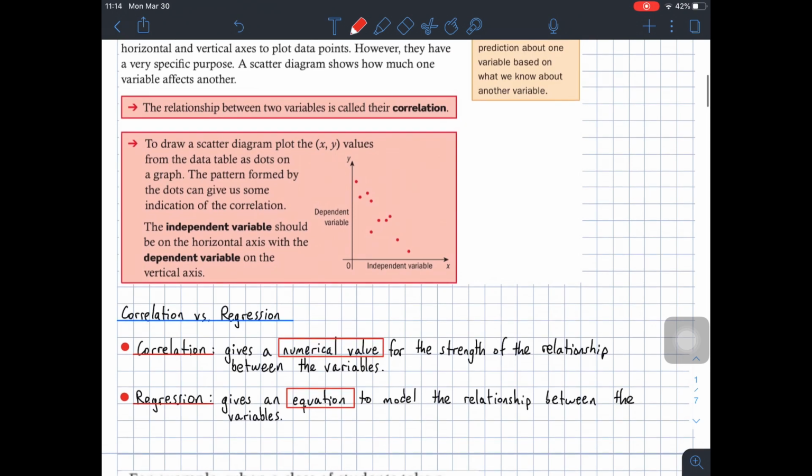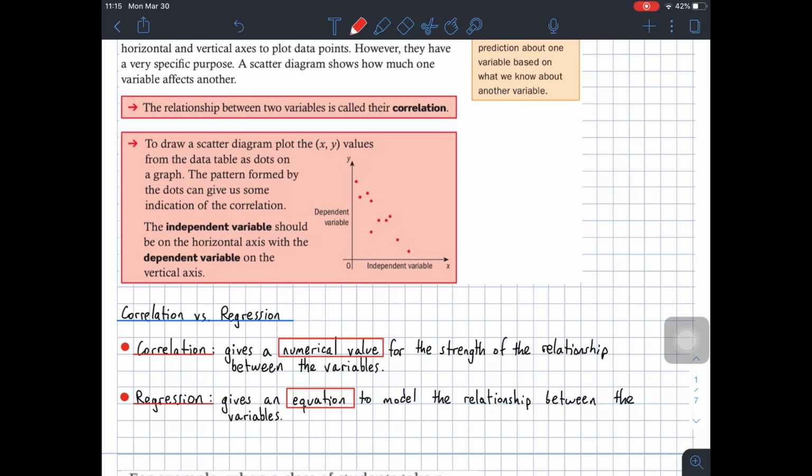Okay. Then we have these two concepts, which we're going to talk about a lot during this chapter, correlation and regression. What is the difference between these two words? Correlation, as it says here, gives a numerical value for the strength of the relationship between two variables. So it's a number that tells me how related two variables are.